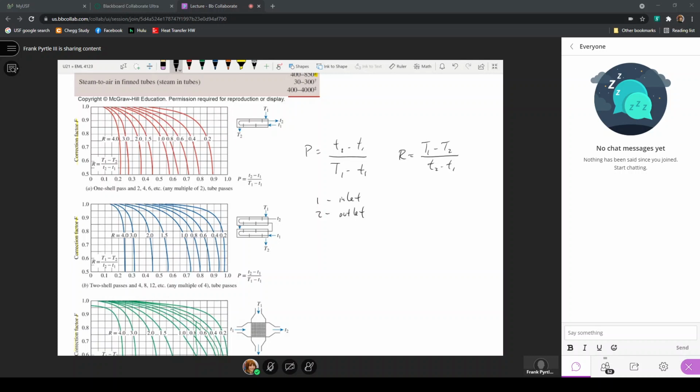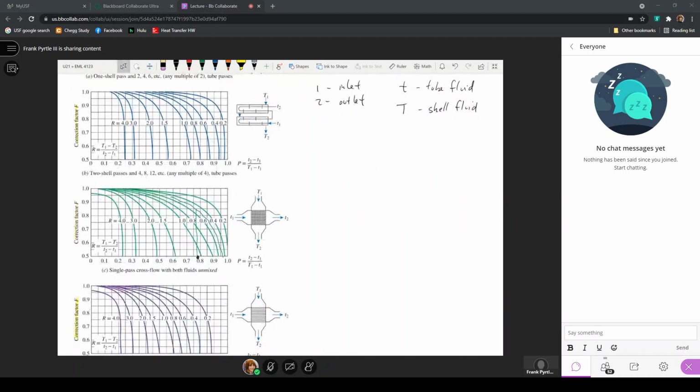The same definitions are used, so here I'm going to write: lowercase t is the tube fluid temperature, and uppercase T is the shell fluid temperature.